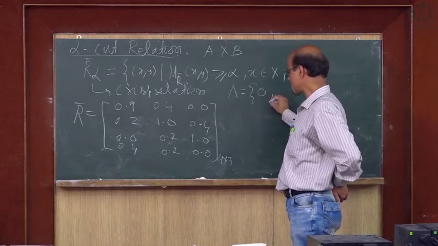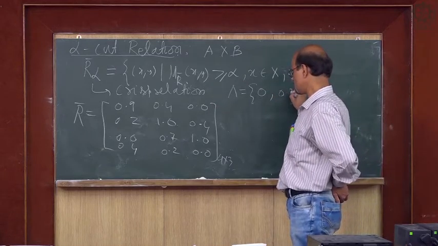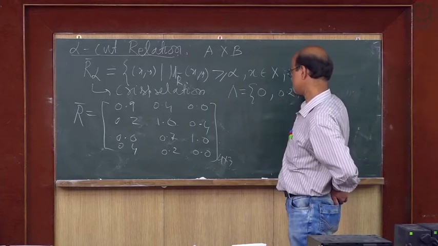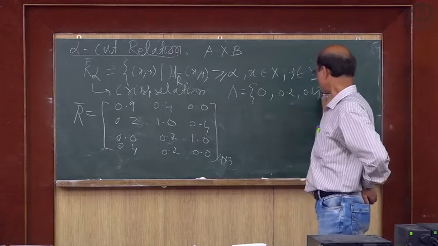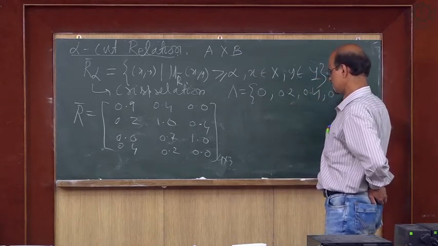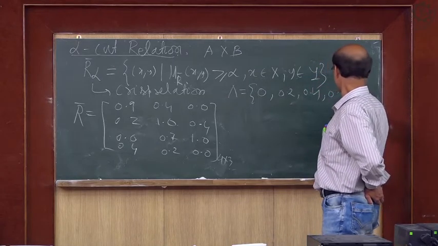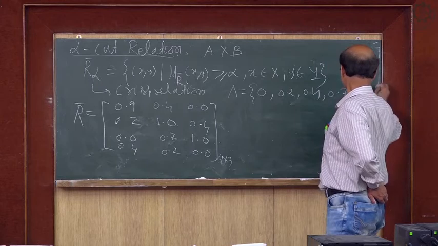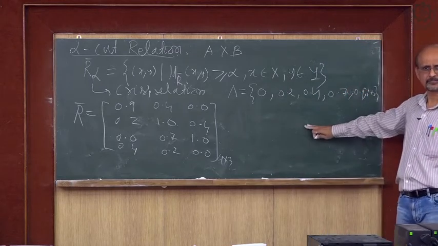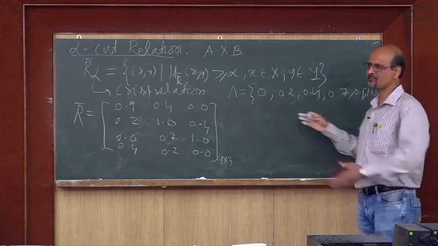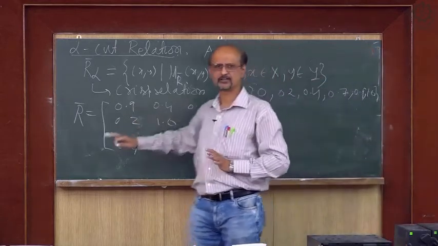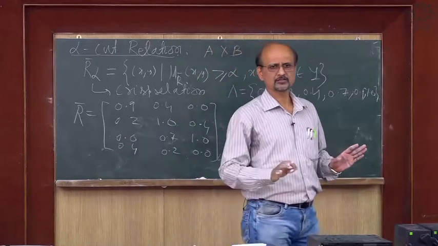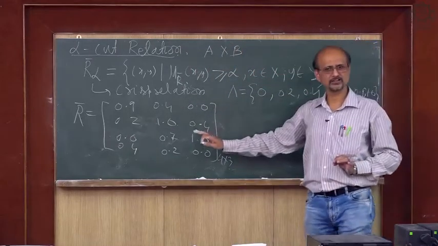So, what are the alpha values? 0, 0.2, 0.4, 0.7, 0.9 and 1.0. So, this is your level set, where we have written all the possible alpha values in this relation matrix.